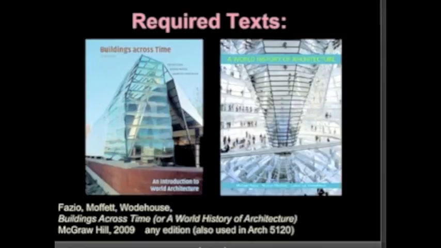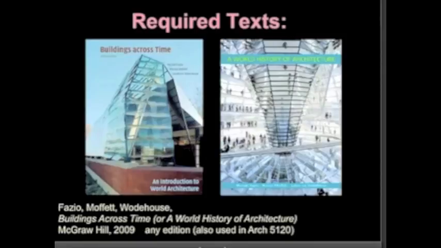We have a bunch of books required for this course because the course covers a long span of architectural history. There is this kind of main book that we have, and it's mostly a picture book, I have to say. The text is thin because it covers everything everywhere in the world from the beginning of time to the present.